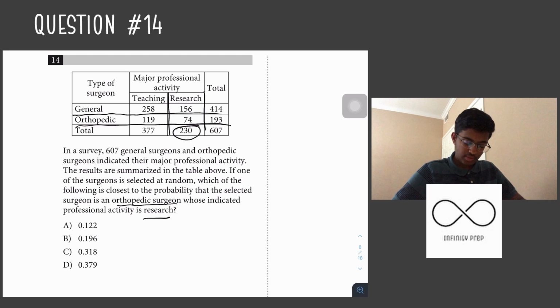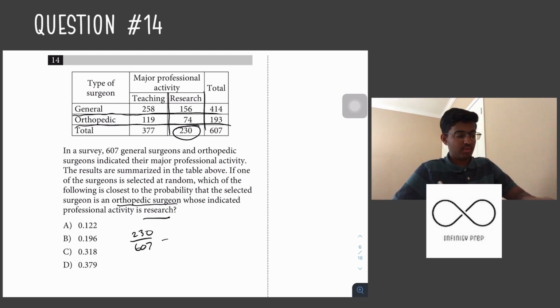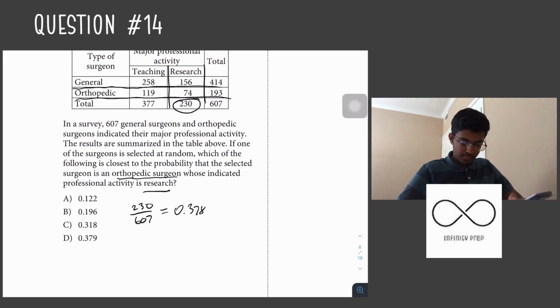So to get the answer, we would do 230 divided by 607, which would give us 0.378. This corresponds to answer choice D.